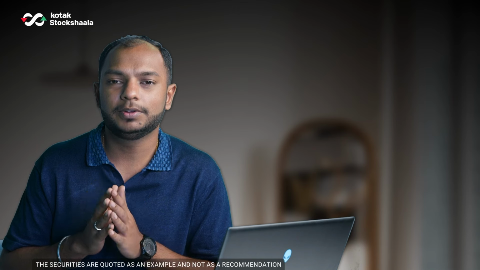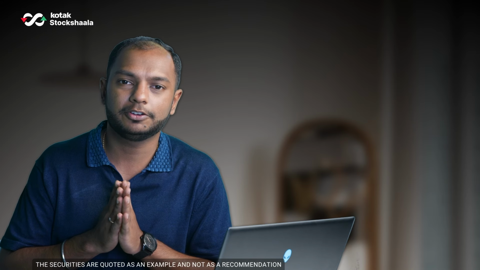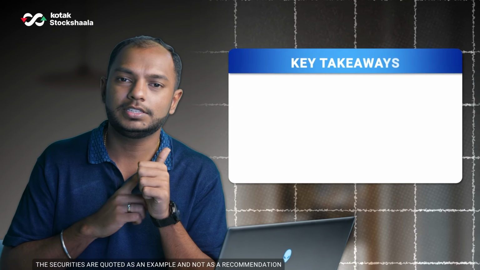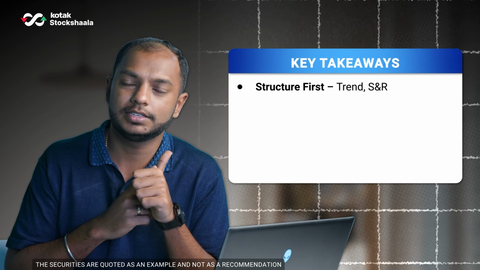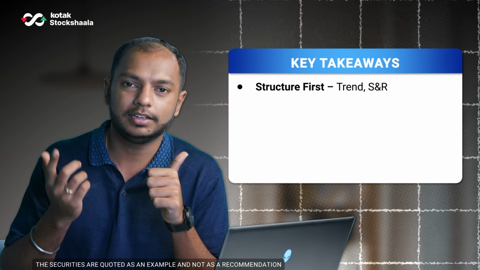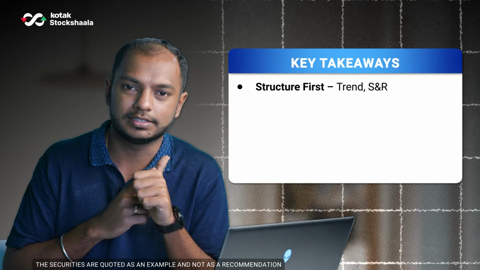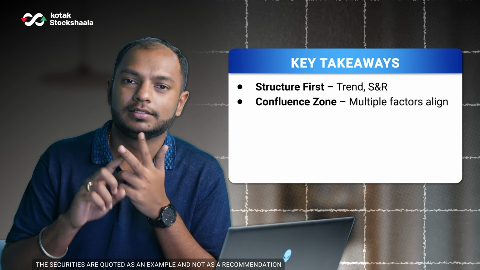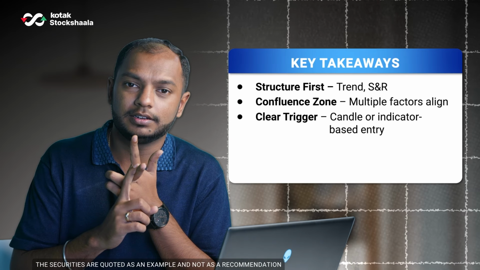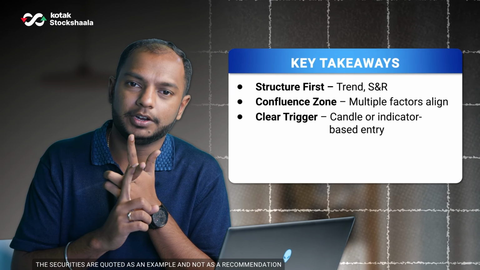So here's a quick summary of the 5-step framework that will help you create your high probability of profit trading setup. The first one is you need to identify the market structure. Is it in an uptrend or is it in a downtrend? Higher highs, higher lows, supports and resistance. Second, you need to spot confluence zones. Third, you need to wait for the trigger so that you can enter at the right point.